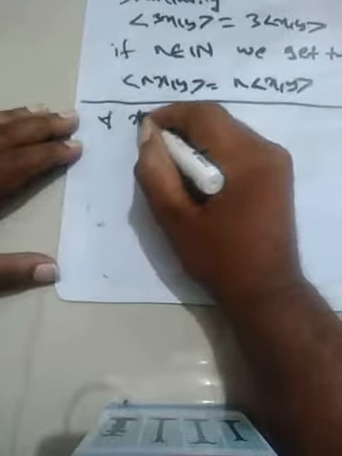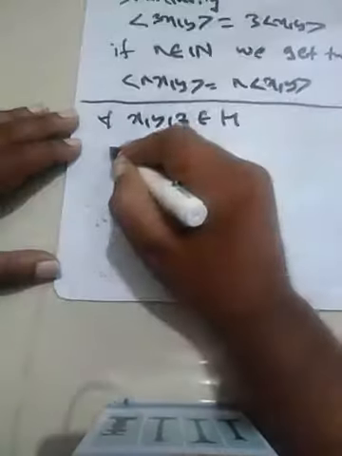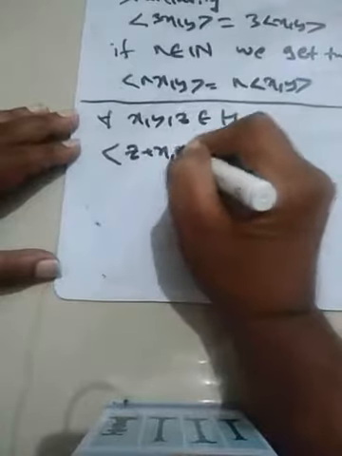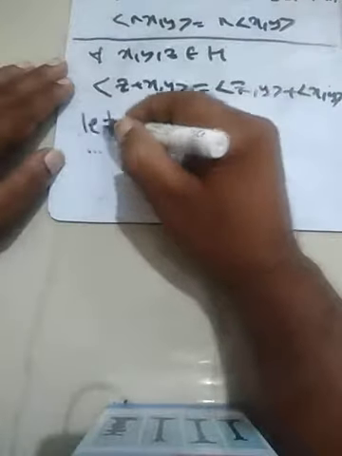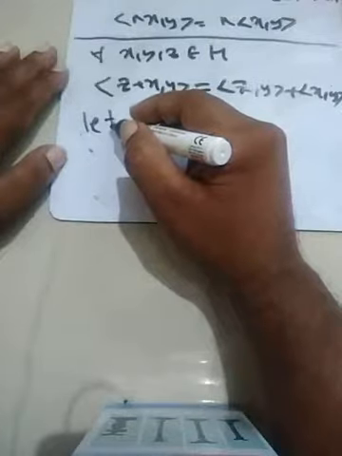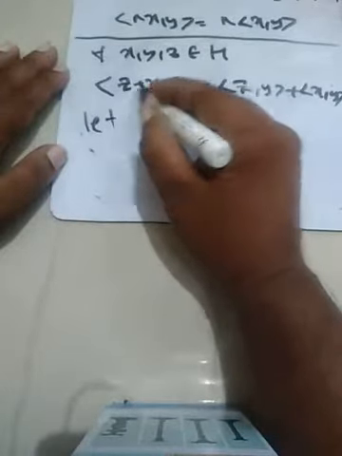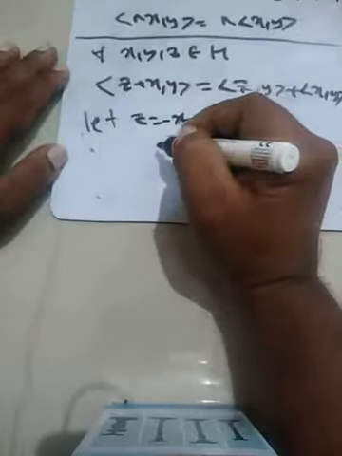Since for all z, x, y we had that the inner product of z plus x with y is the inner product of z with y plus the inner product of x with y, let z be equal to minus x.